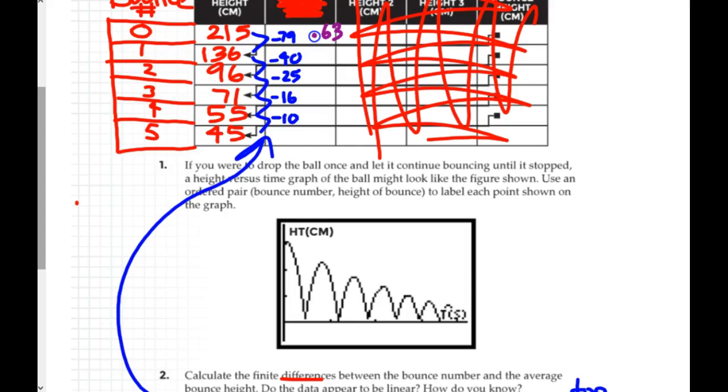Now I'm doing 96 divided by 136. Control Enter. 0.71. 71 over 96, Control Enter, 0.74. 55 divided by 71, Control Enter, 0.77, and then 45 divided by 55, 0.82.